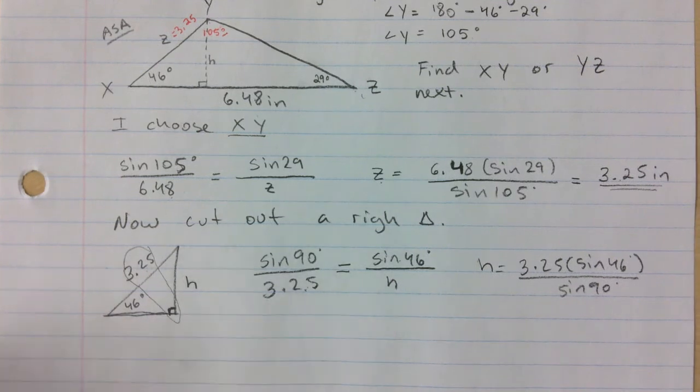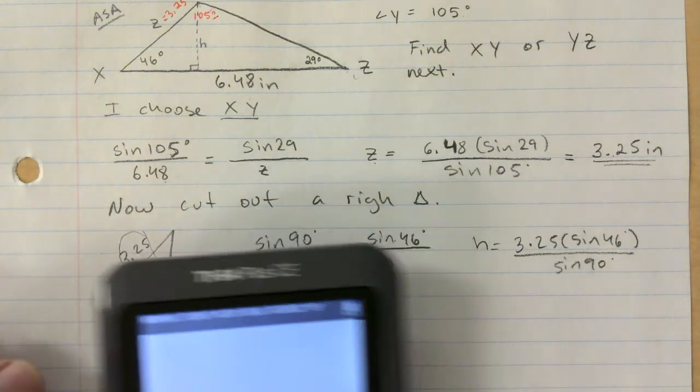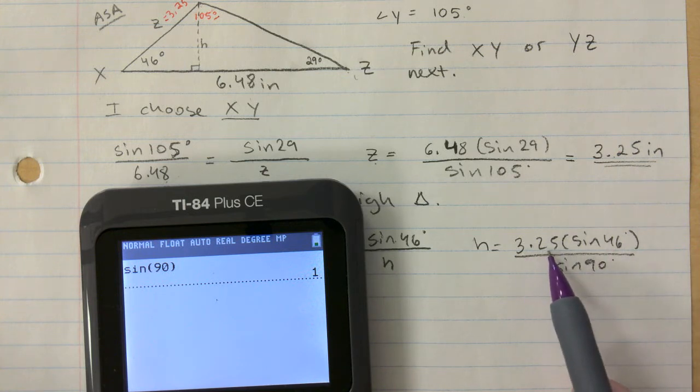And before we compute this, everybody just do this so that it sticks in your memory, okay? Type in sine of 90. Take your calculator and go sine of 90, hit equal, you should get 1. Okay, so technically it's 3.25 times sine of 46 divided by 1.